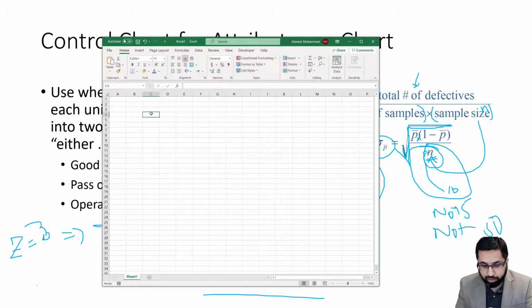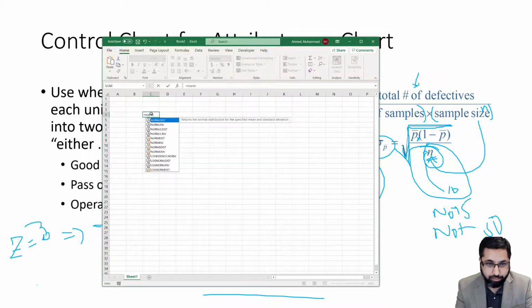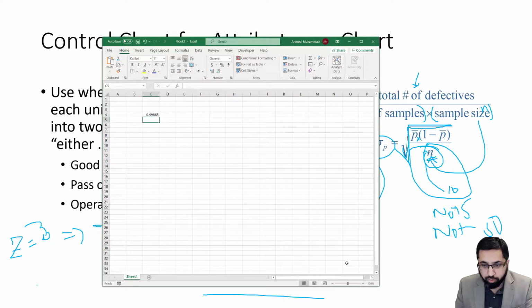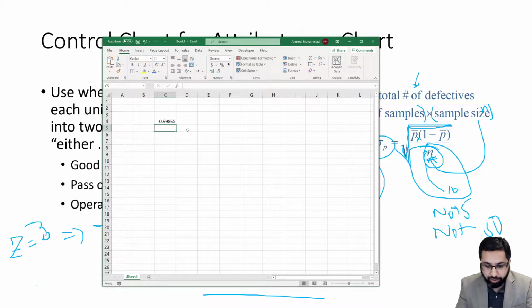We can use NORM.S.DIST of 3 and TRUE. If you don't know this formula, that's fine. Then we can do 1 minus that, and then twice that.